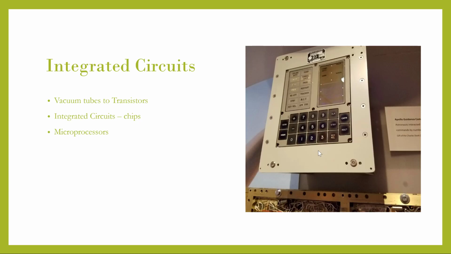They were great, and they were doing really well. And then there was a need to come up with something that would have a bunch of transistors in one place, and that was the integrated circuits. There were these chips of transistors, and from integrated circuits would come microprocessors.